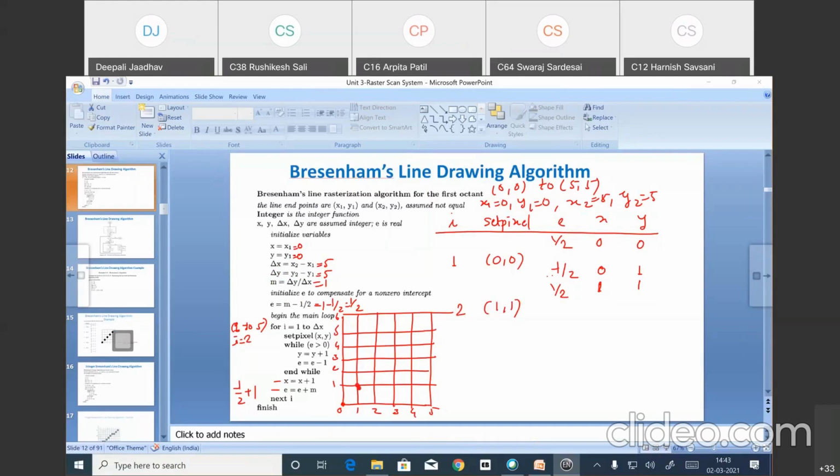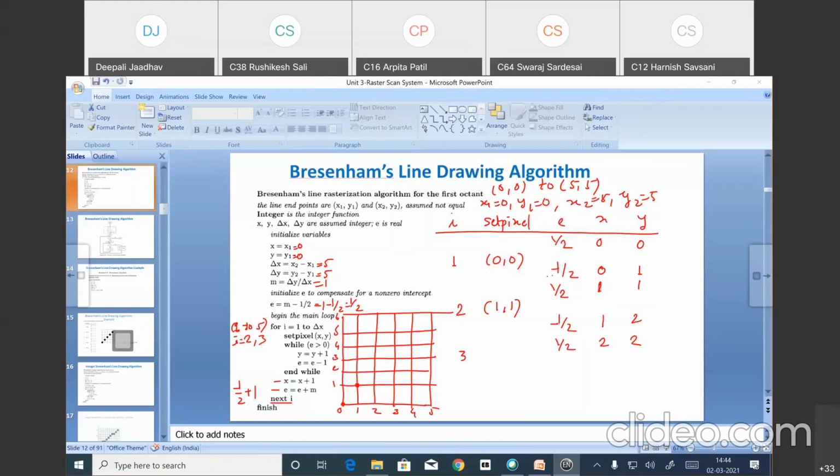Yes, it is greater than 0, and that's why y is equal to y plus 1. y is increased by 1, that is 2. x remains as it is. E is equal to E minus 1, so E is 1 half minus 1, which is minus 1 half. x increased by 1 and E becomes 1 half.